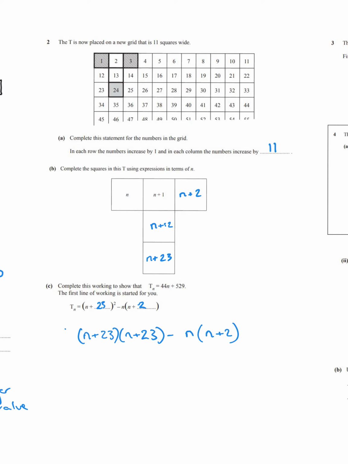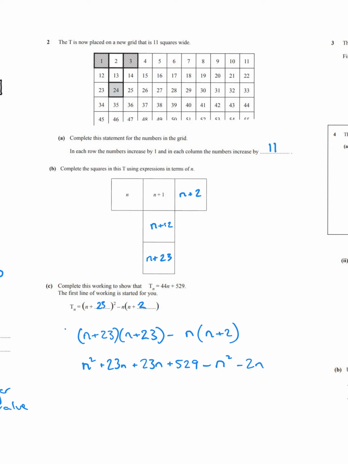We had a bit of practice at this when we did our surds. So let's have a look. We've got n squared plus 23n plus another 23n plus 23 squared, 23 times 23, I checked in my GDC, which is 529, minus, multiplying minus n times n first of all, which is minus n squared, minus 2n.